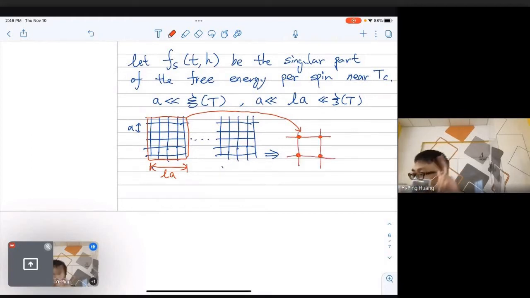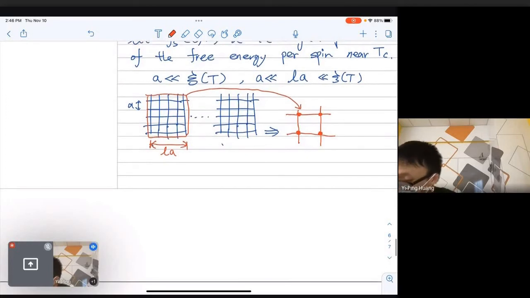Of course their distance might be different, because each block is centered at some place, and the distance between these blocks, in the original length scale, should be L times a.